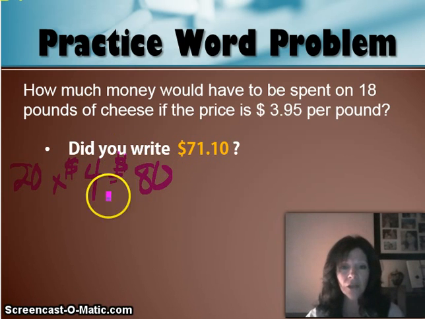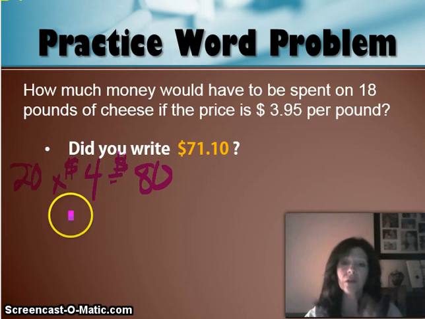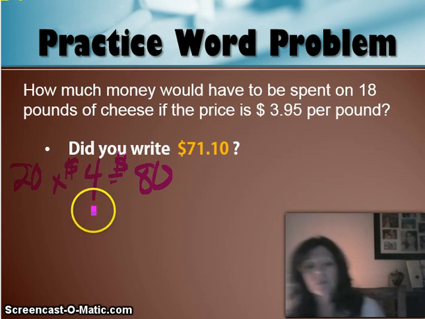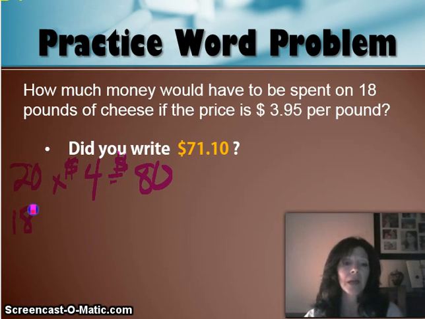Now, if you actually work the problem out, you could also estimate 18 and 4 if you wanted to simply do compatible numbers. And if that were the case, 8 times 4 is 32. You would put a 2, carry a 3. 4 times 1 is 4, plus 3 is 7.